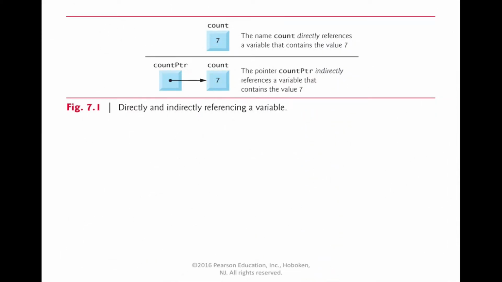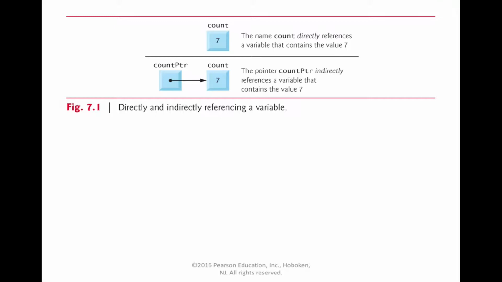And you can see here a visual example, a way to visualize how this works. We have a variable called count, and it stores the value 7. In the second half of this, we have a variable called count pointer, and it actually points to the value 7 instead.